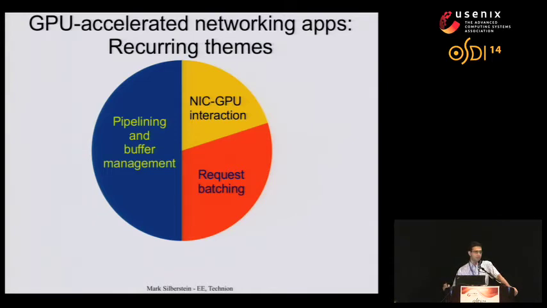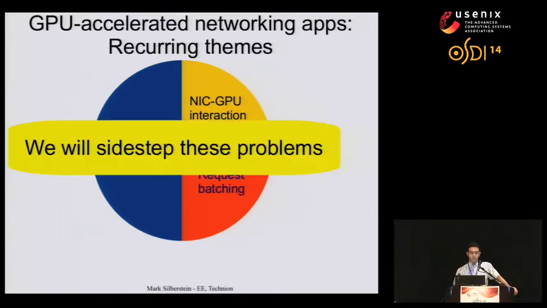So you might think now that I will go into detail about every single aspect of this, but I'm not going to do that, because understanding those issues in the context of GPU applications is not really essential for the content of this work. We're not going to solve these problems directly. We're going to sidestep them entirely by solving the problem that we believe is the root cause of all programming complexity of GPU-accelerated systems.